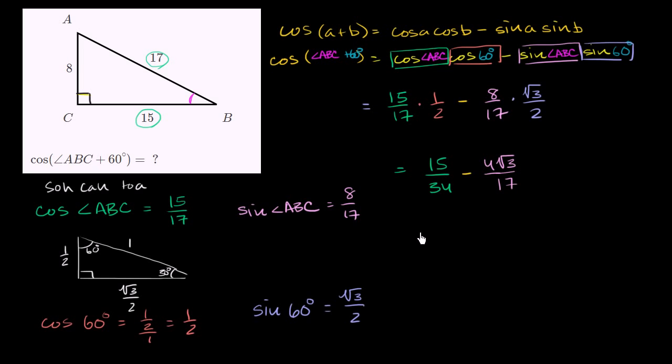And that's about as simple as I could do it. If I wanted, I could have a common denominator here of 34, and then I could add the 2, so it could be 8 square roots of 3 over 34, but that still won't simplify it that much. So this is a reasonably good answer for what they are asking for. 15 over 34 minus 4 square roots of 3 over 17.